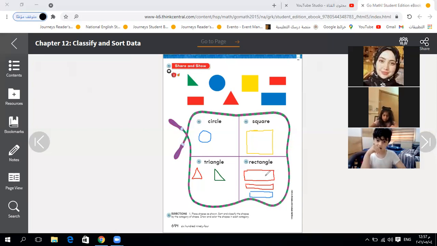One, two, three. We have three rectangle shapes, right? Right. We have three rectangle shapes. Yes, Hala, how many triangles do we have? Two. Bravo. We have one circle and one square.